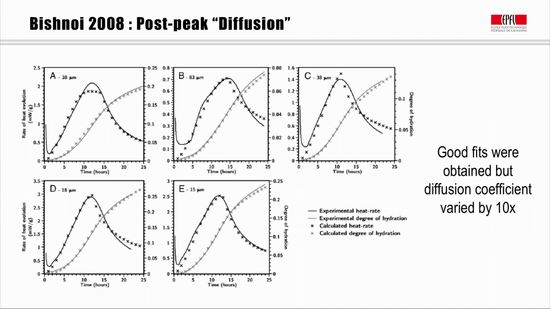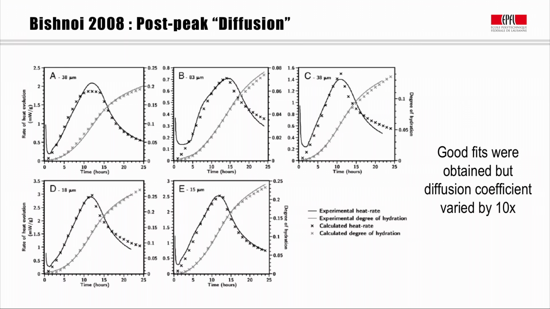But, and this is a very important but, because we did these simulations on this wide range of different particle sizes, we see that to get them all to fit, we've got to vary our diffusion coefficient by 10 times.